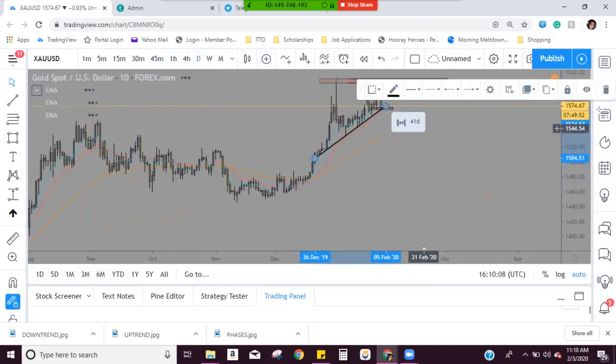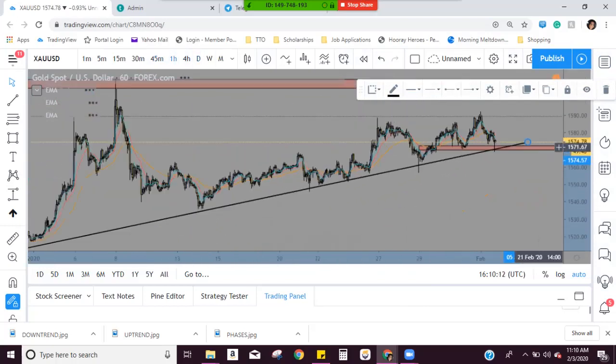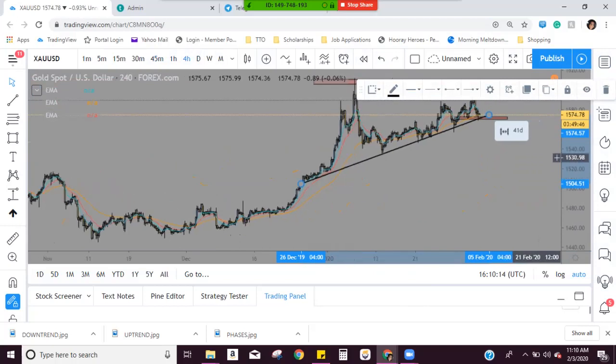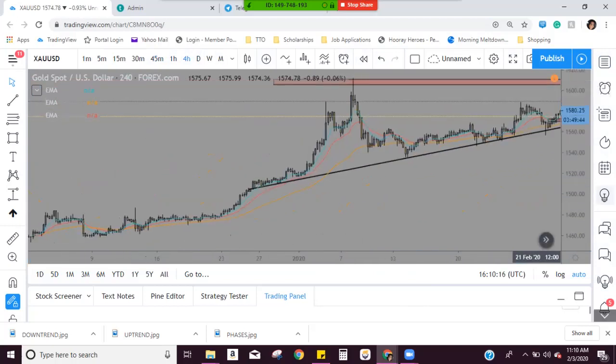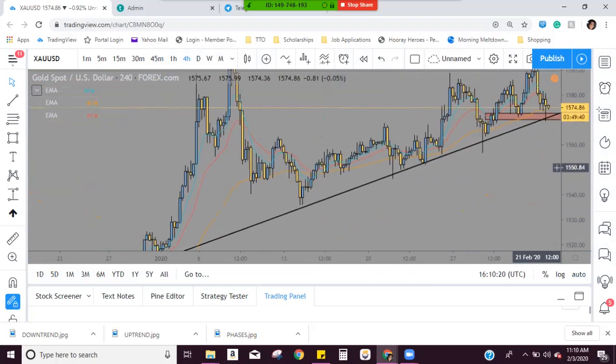So on gold, let's say we did it from this push to this push before we caught that buy.